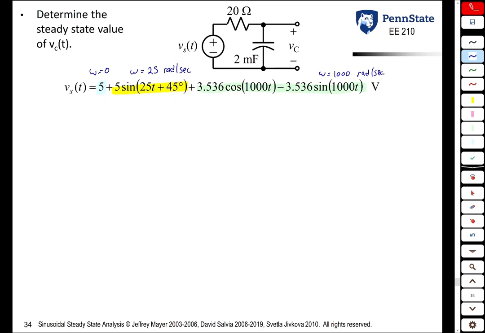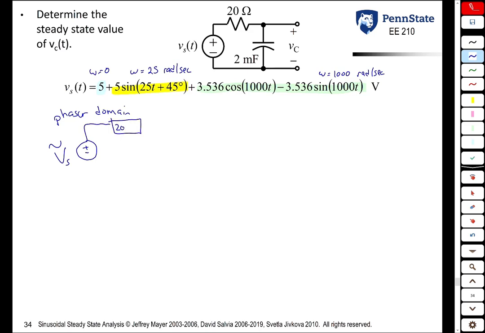Before we do that, it's probably easiest to get a general expression relating VC phasor to VS phasor so we can just plug values in at the end. So in the phasor domain, the circuit looks like this. We have a voltage source VS phasor.